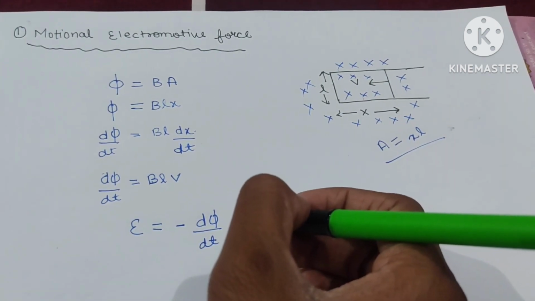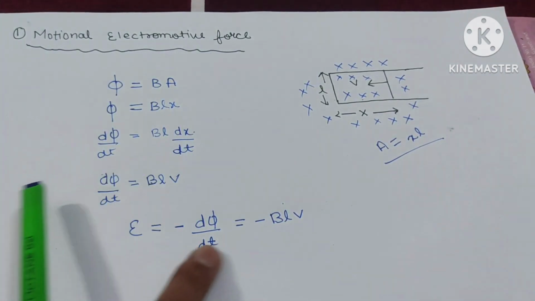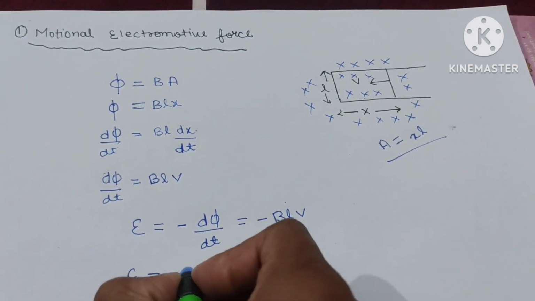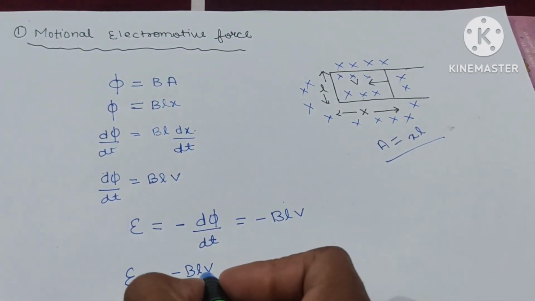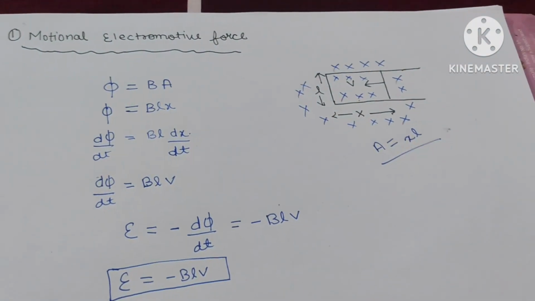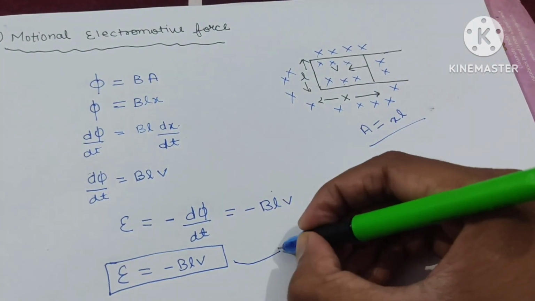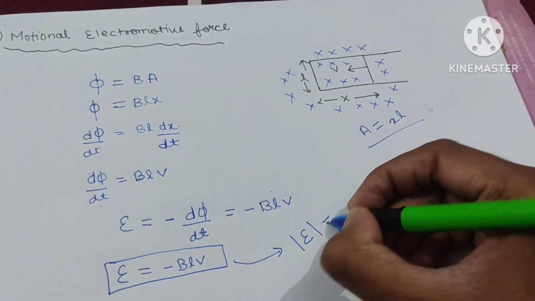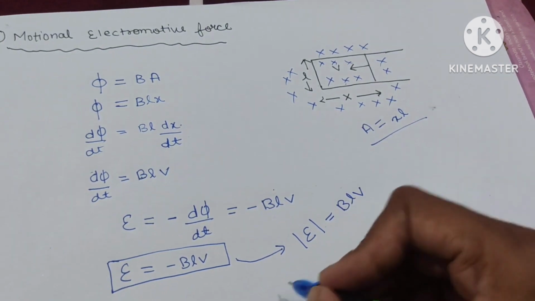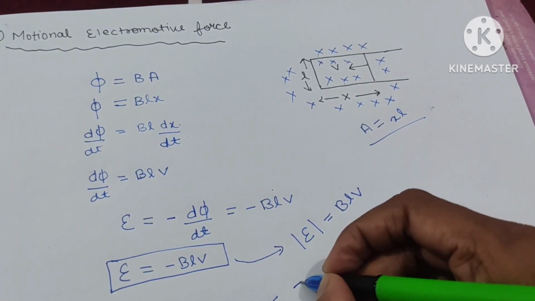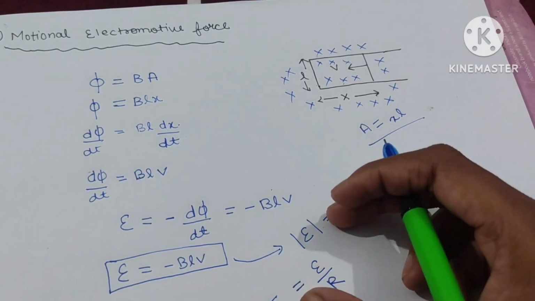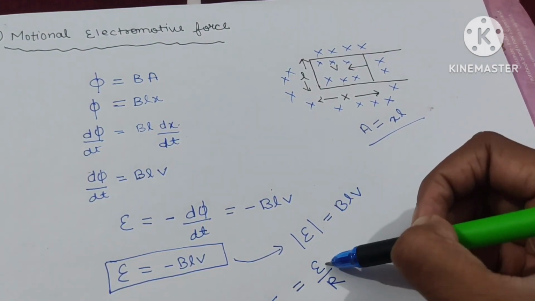So E is equal to minus BLV, magnetic field times length times velocity. But if we take the mod, it will become a positive BLV. Now if we find the current, current is equal to E by R. E is a kind of potential difference, it is the EMF.